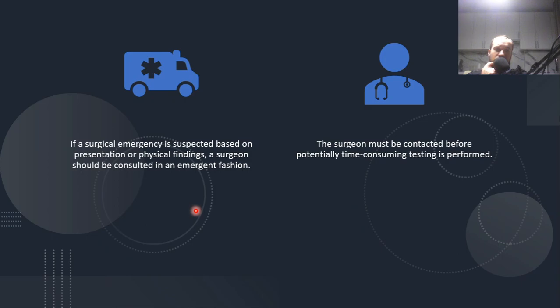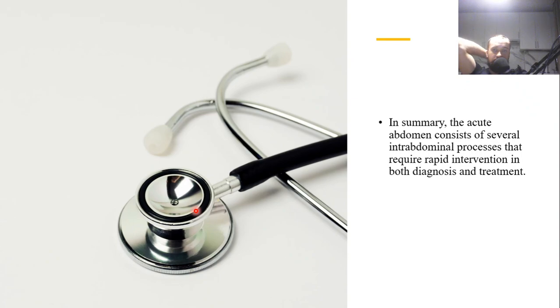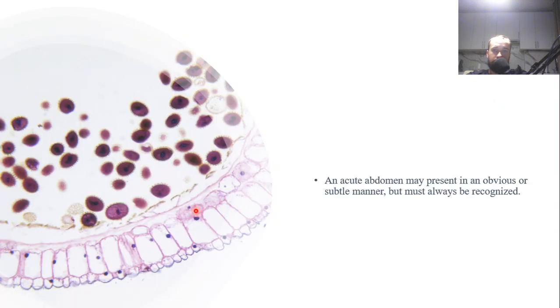If a surgical emergency is suspected based on presentation or physical findings, a surgeon should be consulted in an emergent fashion. The surgeon must be contacted before potential time-consuming testing is performed. In summary, the acute abdomen consists of several intra-abdominal processes that require rapid intervention in both diagnosis and treatment.